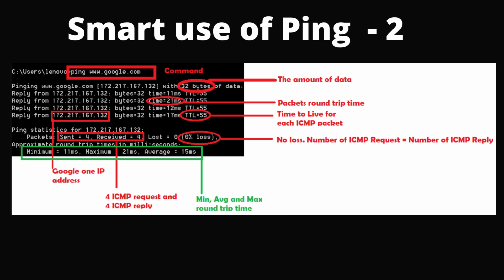It means from your machine to the Google server, we have 9 hops in between. So after crossing those 9 hops, it decrements by 9. So 64 minus 9 is equal to 55. So that is why the TTL is 55.